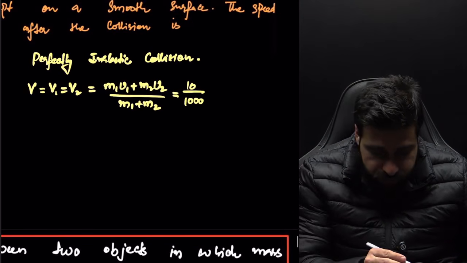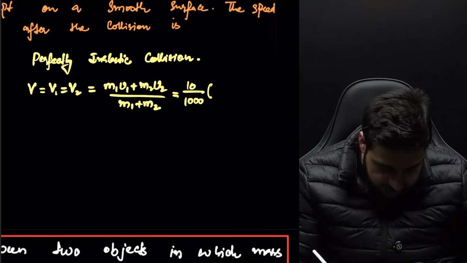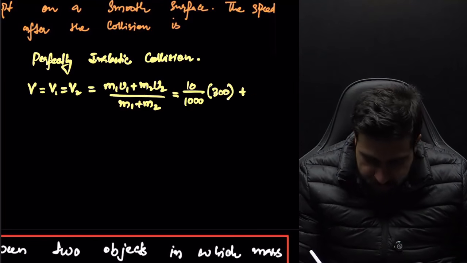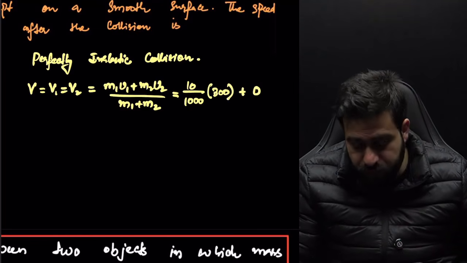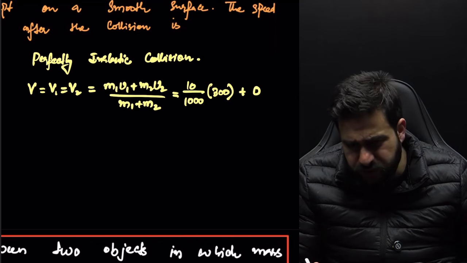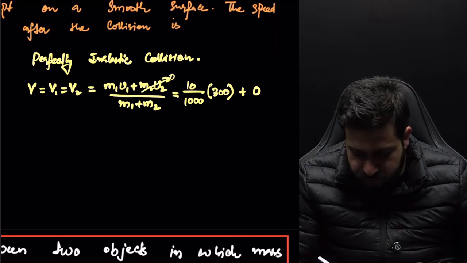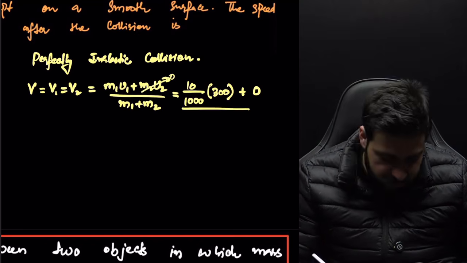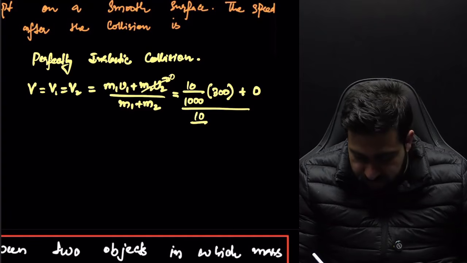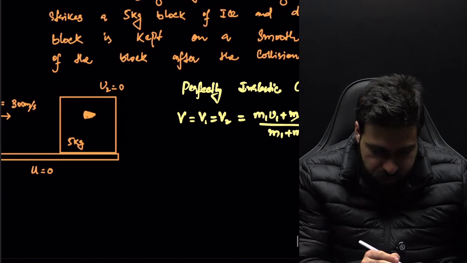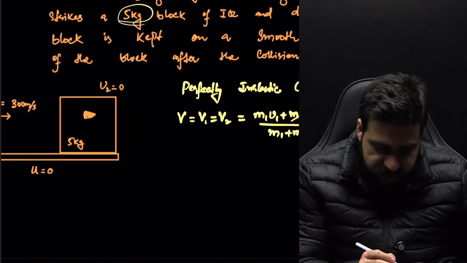So the initial velocity of the block is 0. Into u1 is 300 plus m2 u2, where u2 is 0, so this term becomes 0. Divided by m1 plus m2. So 10 divided by 1000 plus the mass of the block, 5 kgs.